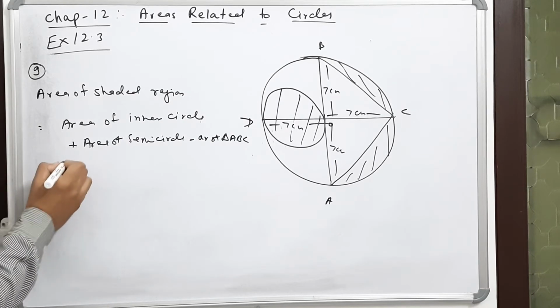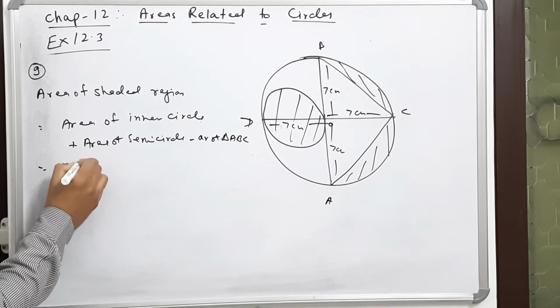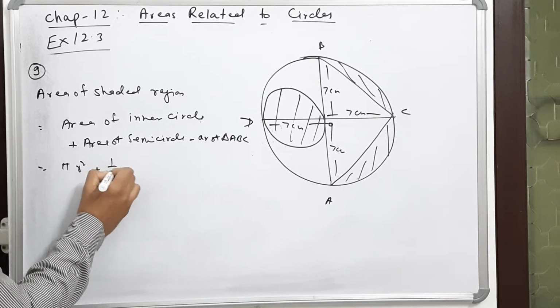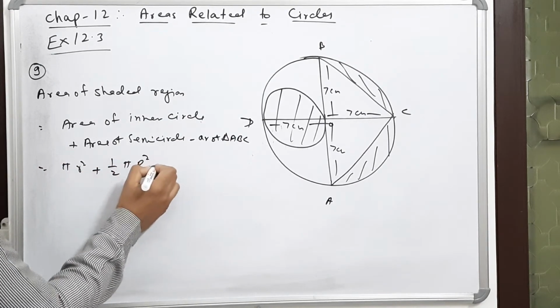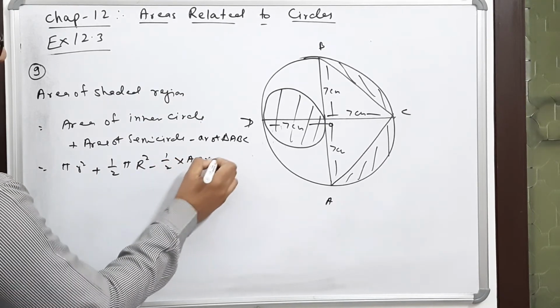Now it's very simple. Area of semicircle is half pi R square, and area of triangle is half AB into OC.